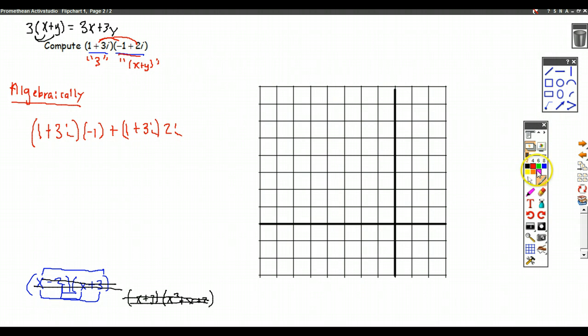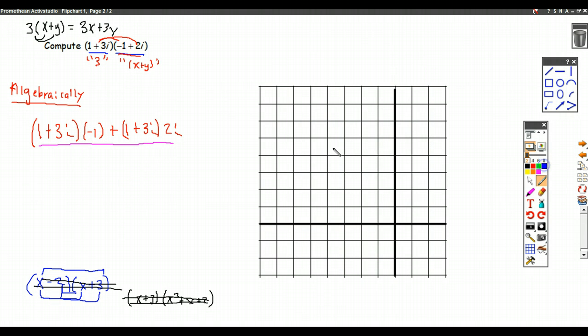Now this is an important step which we're going to use over here eventually when we do this geometrically. I'm just going to underline it in pink. But let's continue the problem here.